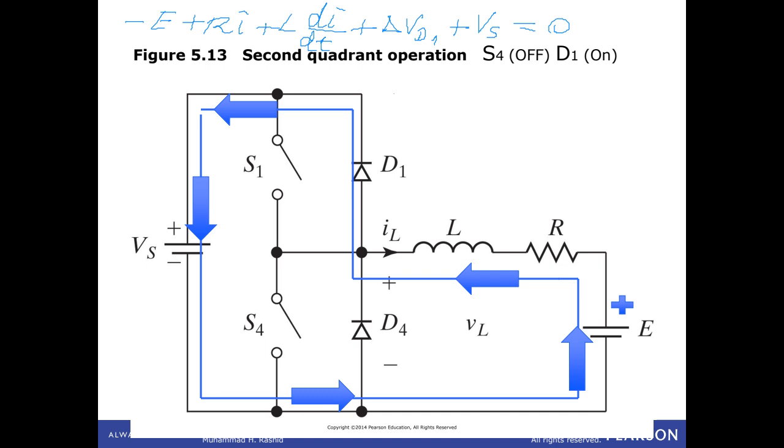L di/dt plus Ri is equal to minus Vs plus E. O da eşittir eksi parantez Vs minus E. Hangisini tutsam acaba?